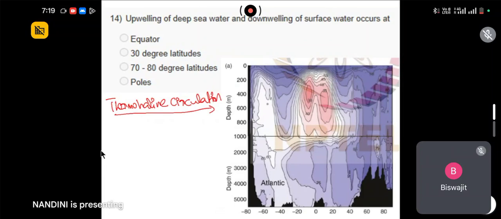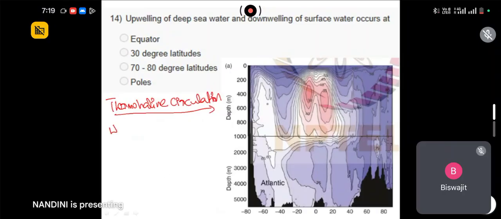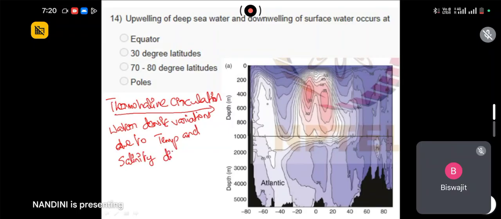So this generally is driven by water density variations caused by temperature and salinity differences.